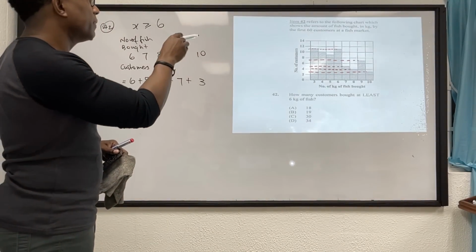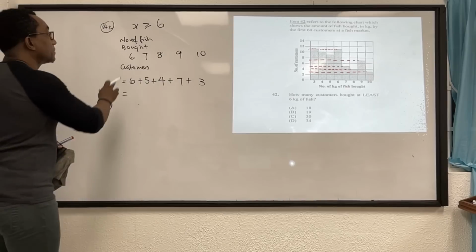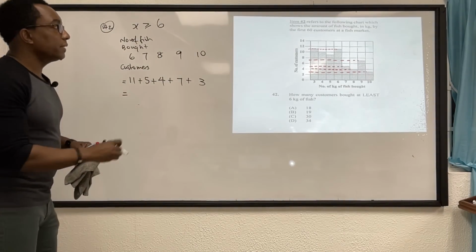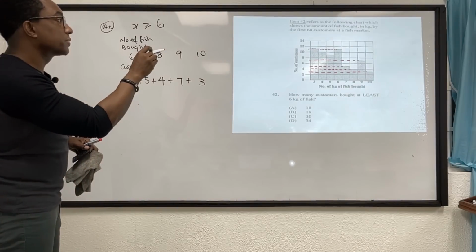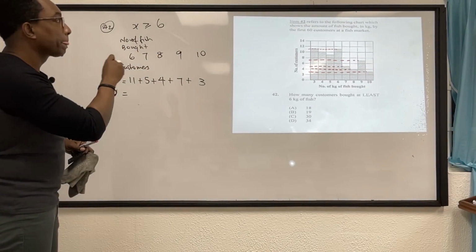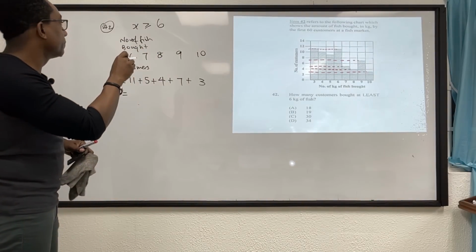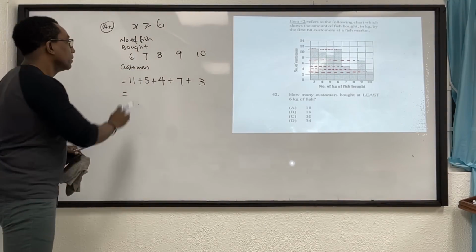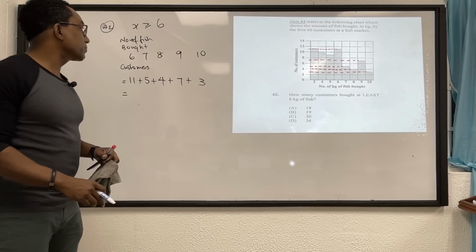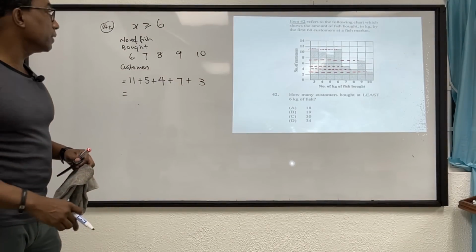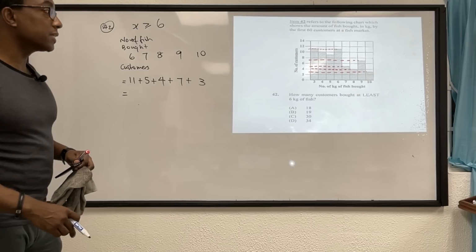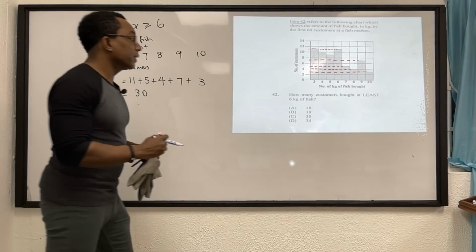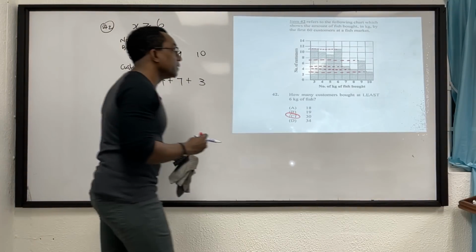So 6 gave us 11, oh, I'm seeing a mistake here. 6 gave us 11. Alright, let's double check. 7 gave us 5, 8 gave us 4, 9 gave us 7, and 10 gave 3. Yeah, so 11 plus 5 will be 16, 16 plus 4 is 20, 20 plus 7 will be 27, and 27 plus 3 will be 30. So we have 30 customers, whose answer is C.